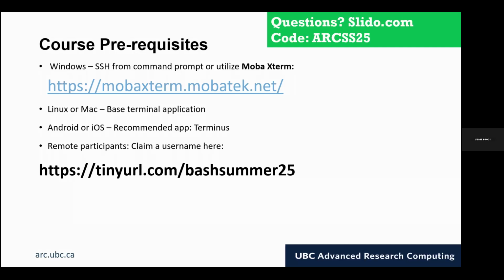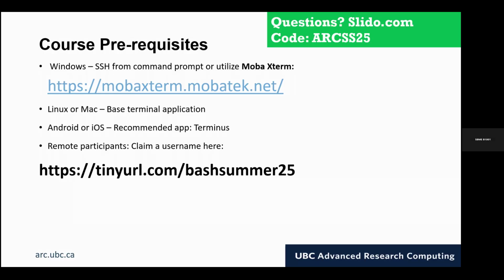As a prerequisite, we are going to be connecting to a remote machine that is set up for our use for the exercises. There are a couple different ways that you can go about this. If you're using Windows, Windows 11 and I believe 10 also now have the SSH client built into your command prompt.